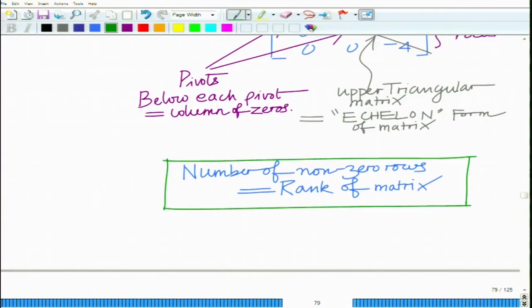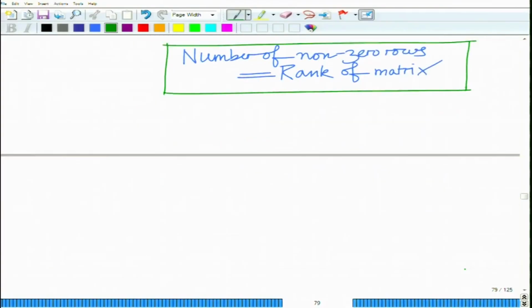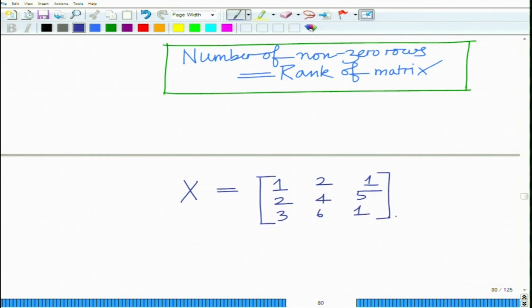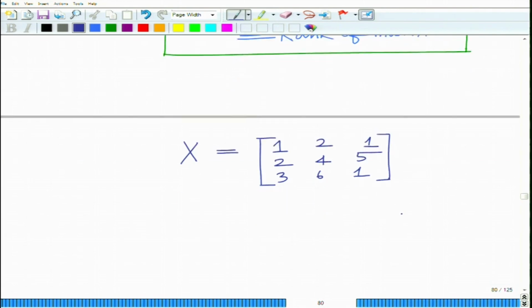Okay. Let us now consider another example. Let us consider again a matrix X equals 1 2 1, 2 4 5, 3 6 1.